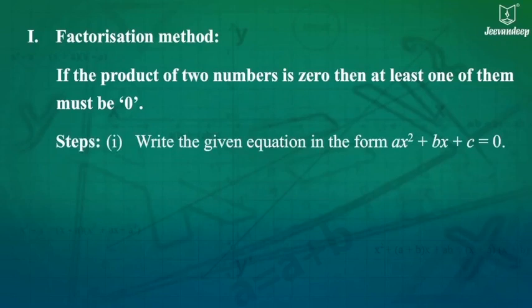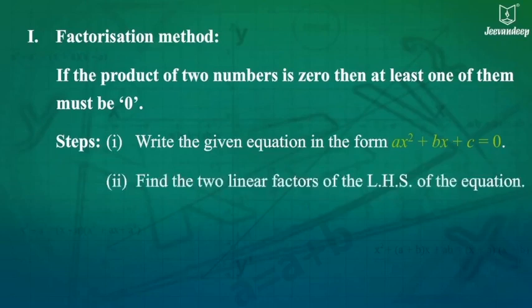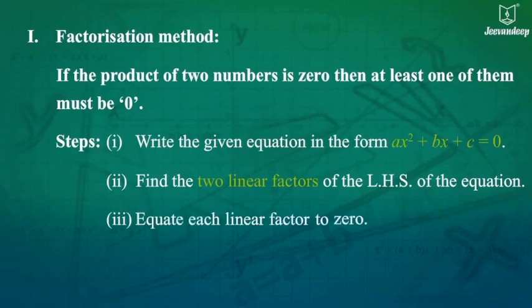Write the given equation in the form ax square plus bx plus c equals to 0. Second step. Find the two linear factors of the left-hand side of the equation. Third step. Equate each linear factor to 0.